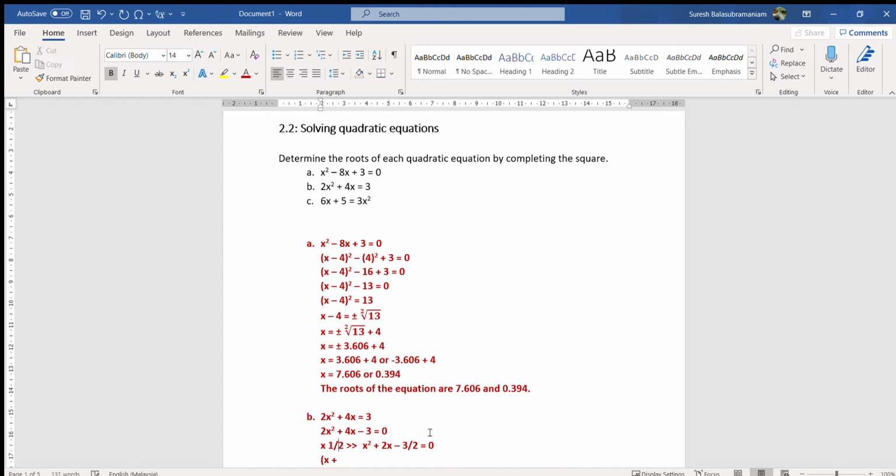Then take the b and divide by 2, so 2 divided by 2 is 1, close bracket, put a square, minus 1 squared. So where did I get the 1? I get the 1 from here. Follow whatever the number here.